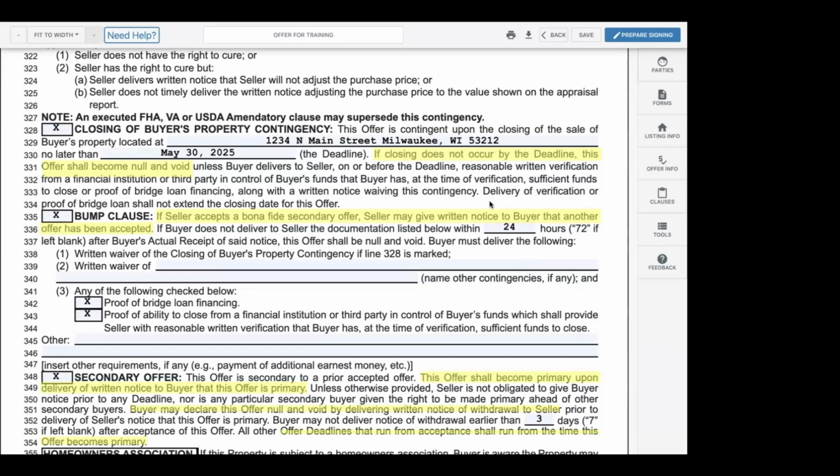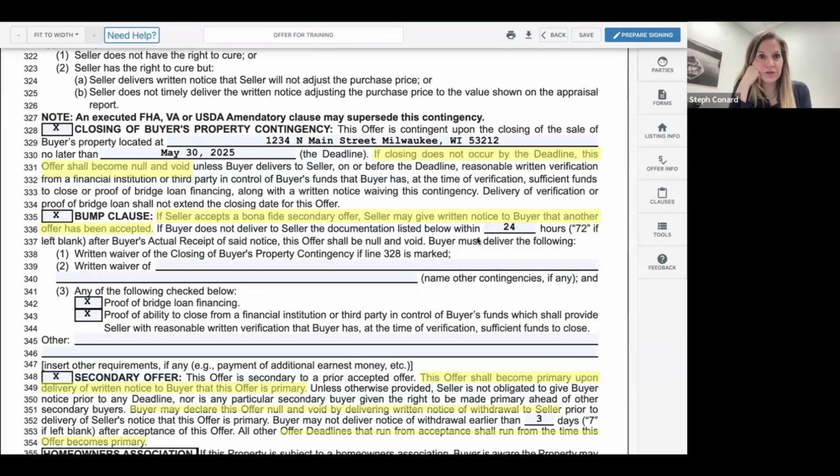Yes. So in order for the secondary offer to become primary, do we just make an amendment, or do we have to remake the whole offer? So the buyer and the seller would negotiate their secondary offer, again while there's still a primary offer in place.